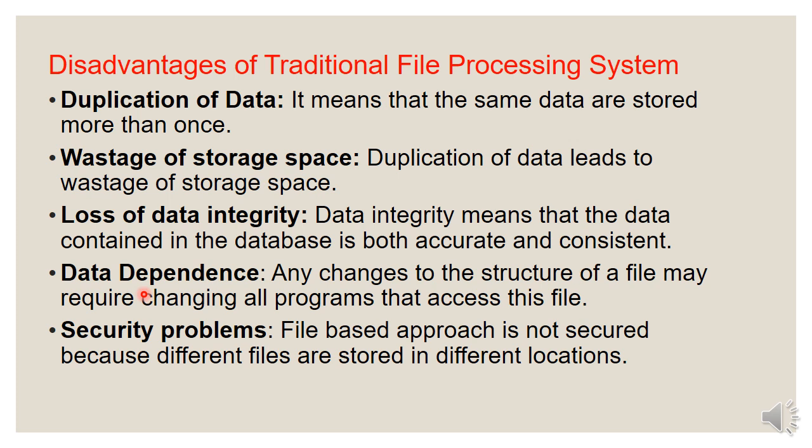So any change to the structure of data will also require specific changes to the application used to access databases. So data dependence means that a change within data stored somewhere causes other changes within the applications used to access data.